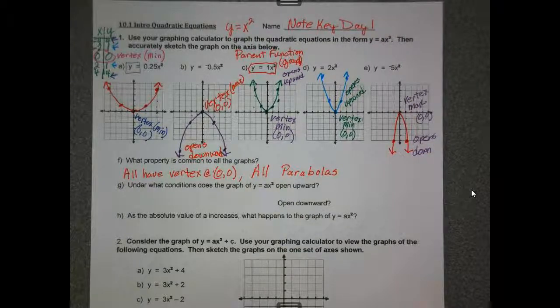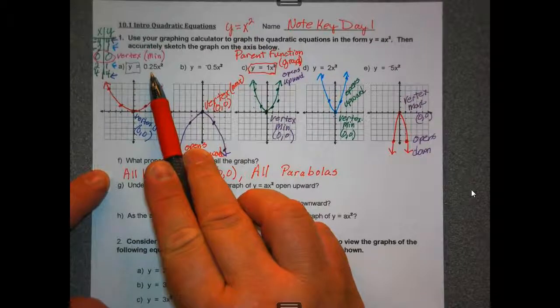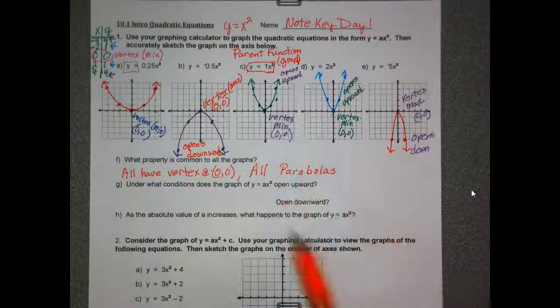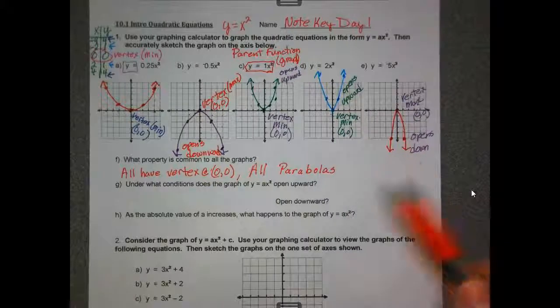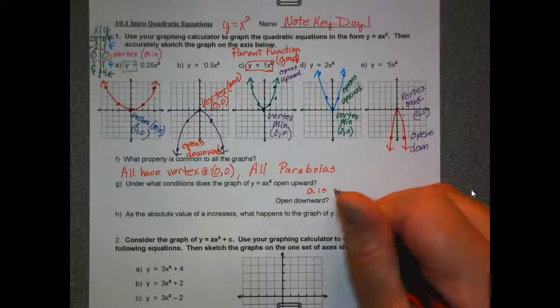All right, how about letter G? Under what conditions does the graph of y equals ax squared, which is our parent graph, open upward? Okay, so let's look at the ones that open upward. Yeah, they're all positive. Good. Which letter is specifically positive? The A. A is positive in all of the ones that open up.